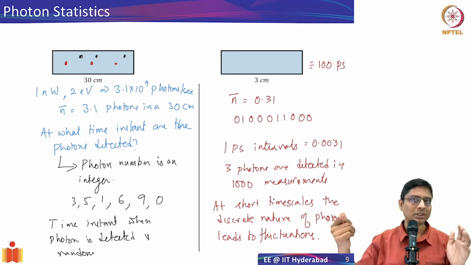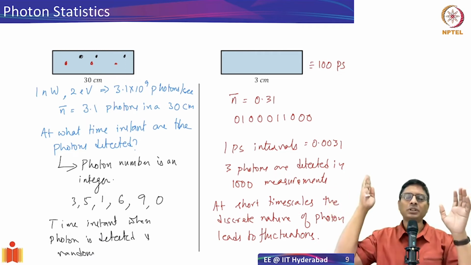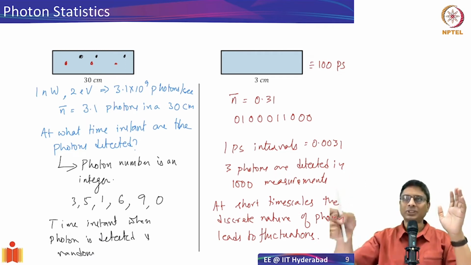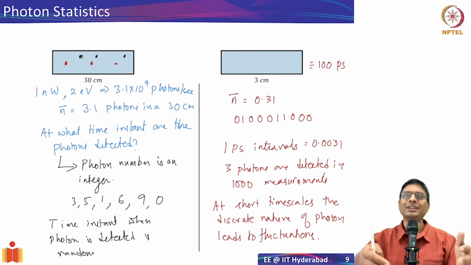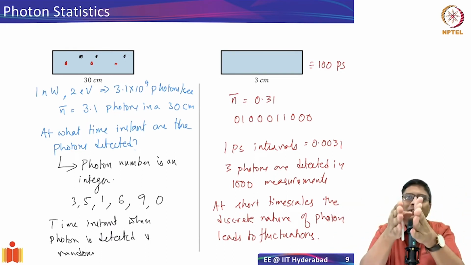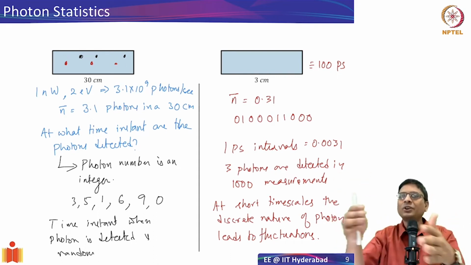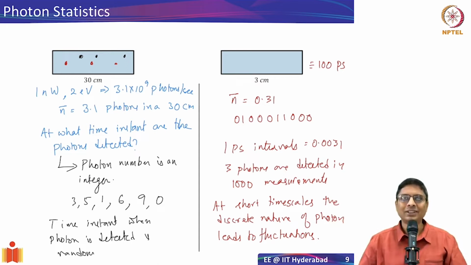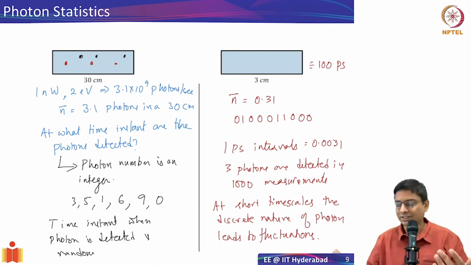If you simply open the door, put all of the balls, close it, and wait long enough, the same number of balls will come. But only if you open the shutter for a very small time will you know whether there is a non-uniformity or a distribution in the number of photons or not. So it is essential for us to measure at very, very short time scales. Only then can we study it. That's what we are doing.